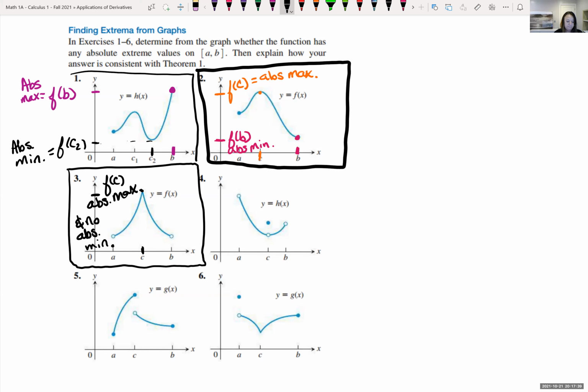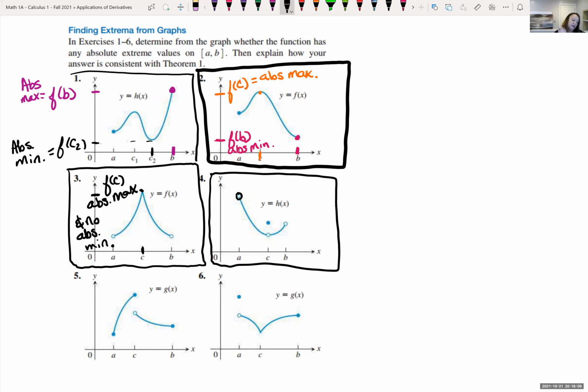Number 4 is not a continuous function, so the extreme value theorem doesn't hold true, but that doesn't mean it doesn't have an absolute max or absolute min. The problem is that we have an open circle here, so we don't have an absolute max, since this is where an absolute max would be.